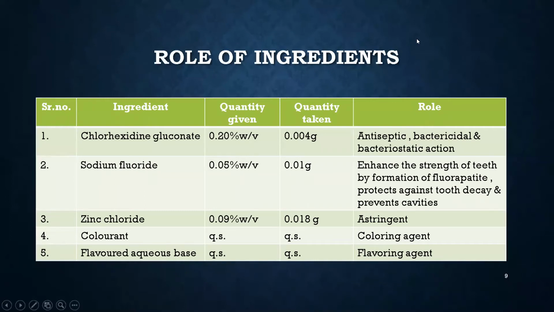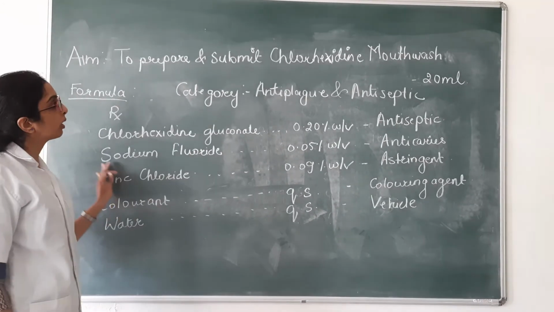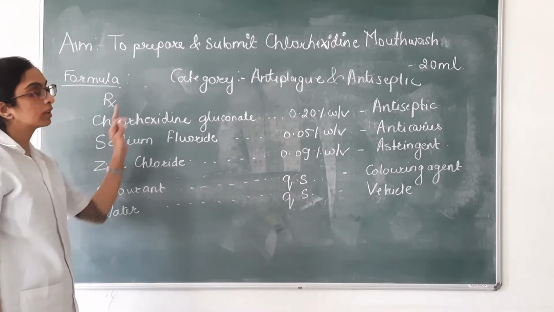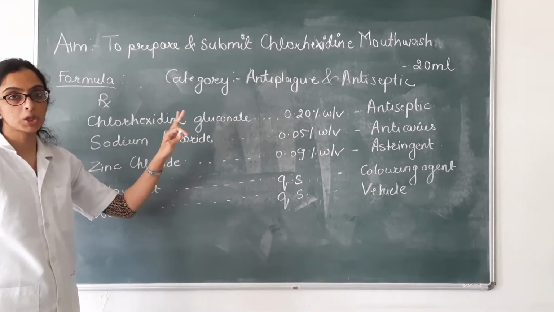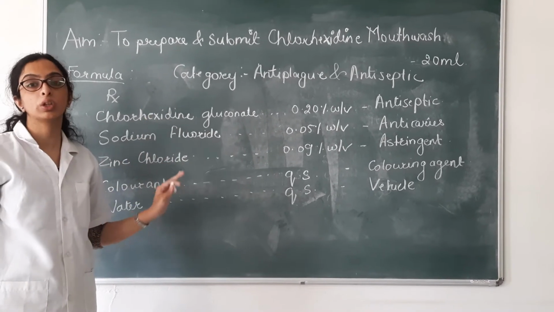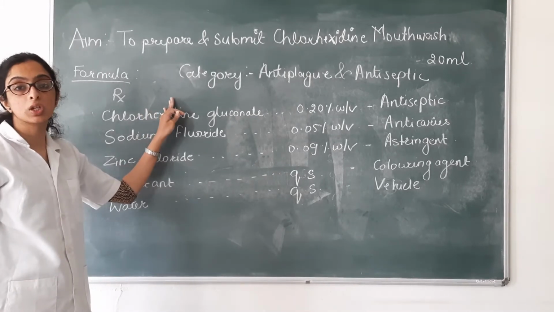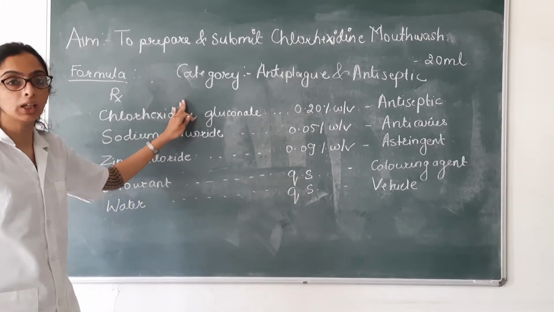Now we will see the procedure of mouthwash, how to prepare it. Hello students, today we are going to prepare and submit the chlorhexidine mouthwash. Now mouthwashes are preparations which are used for rinsing, deodorizing and cleansing action in your mouth or buccal cavity.